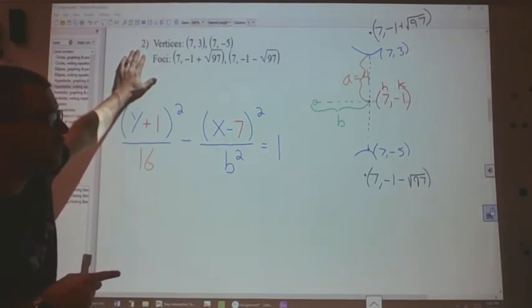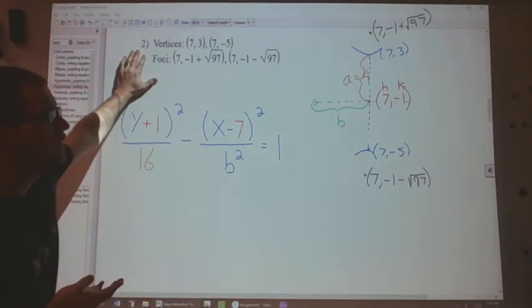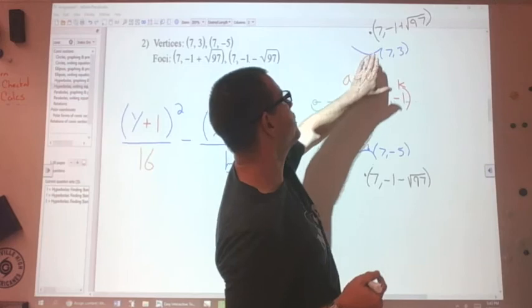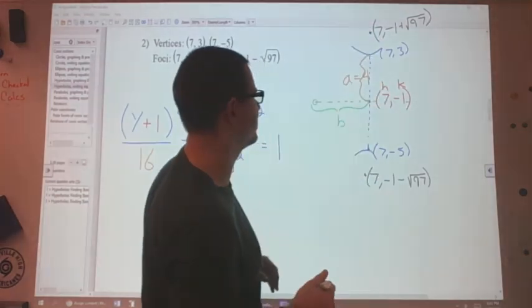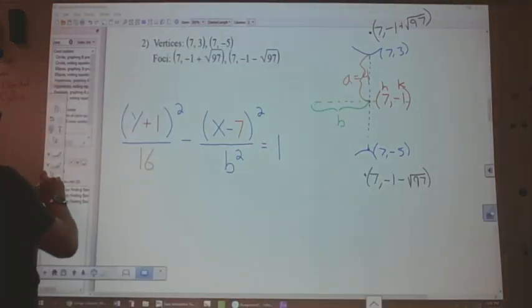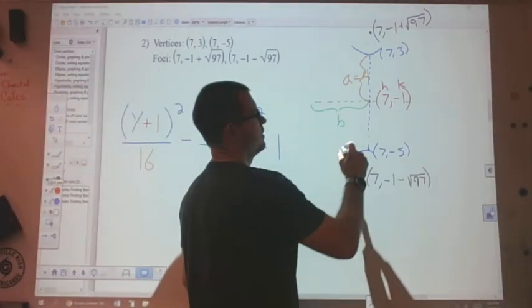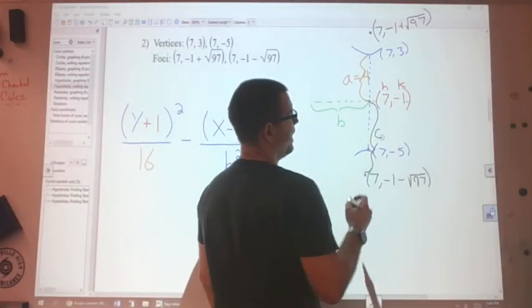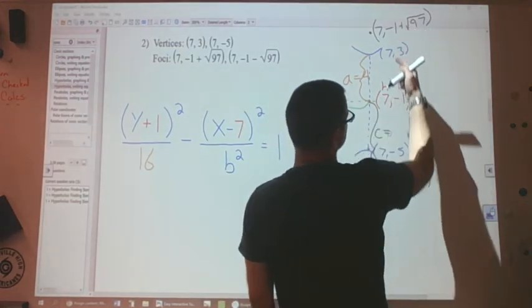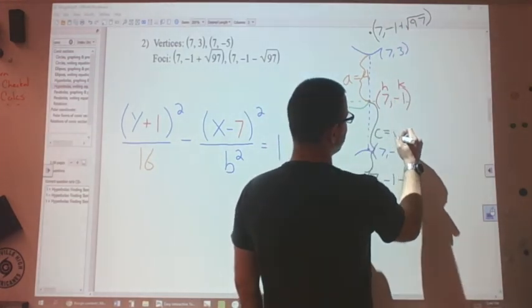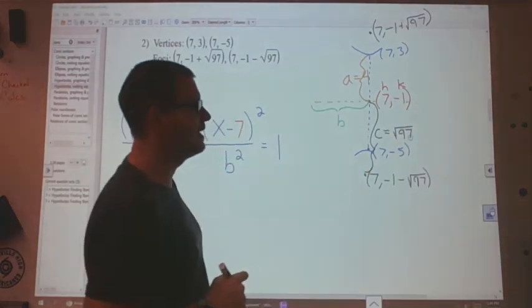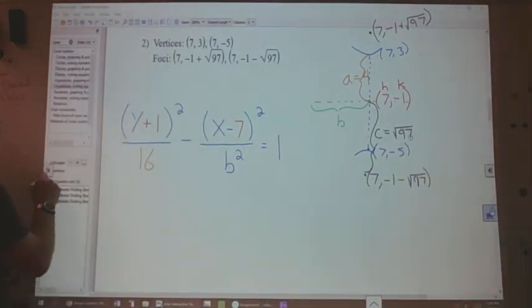But I do know that in a hyperbola, a squared plus b squared is equal to c squared, which is that length to the foci. So I can use those focal points to find that. And I know what c is. They told it. It's plus root 97, minus root 97. C is the square root of 97. So I'm going to use that Pythagorean theorem to figure that out.